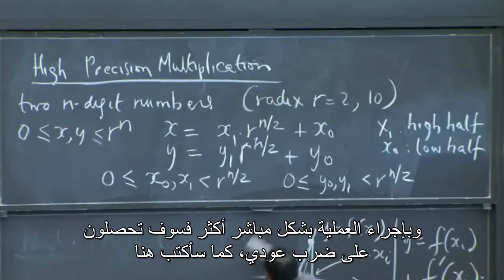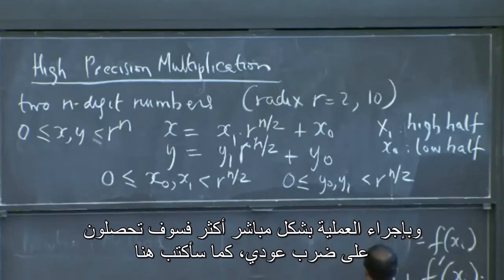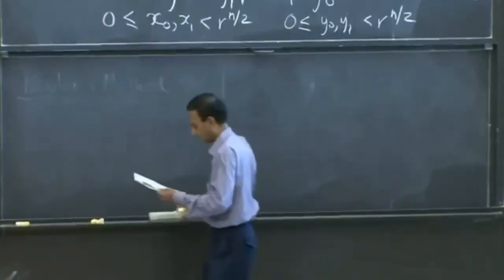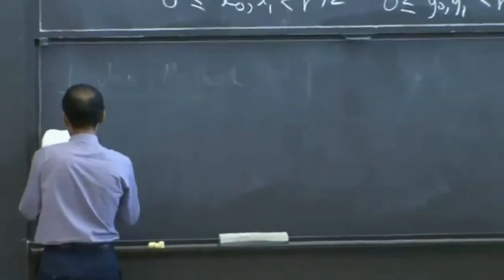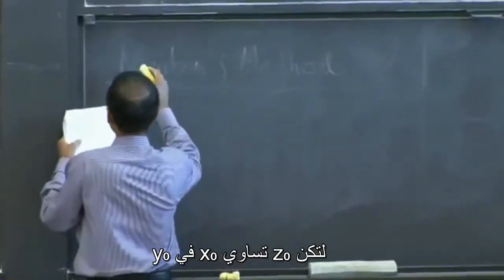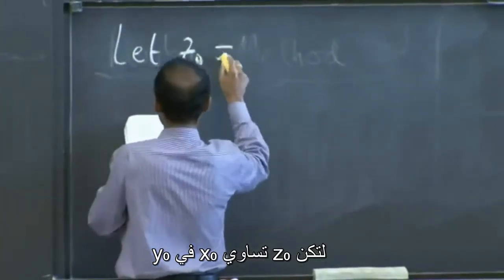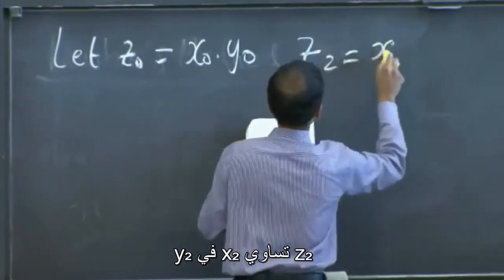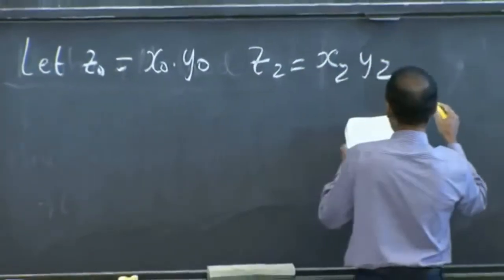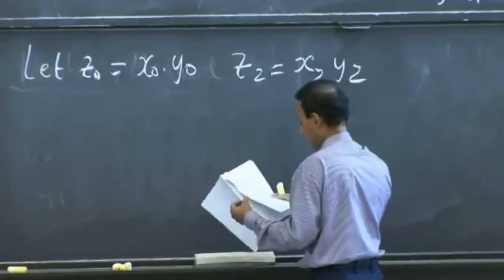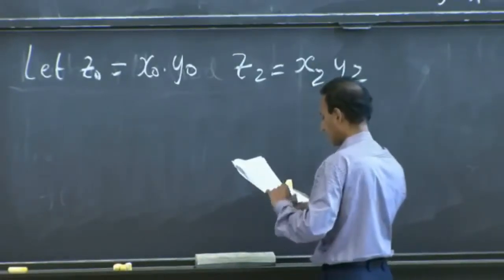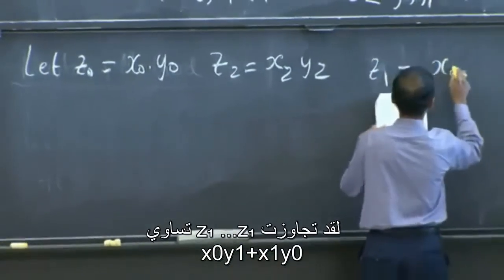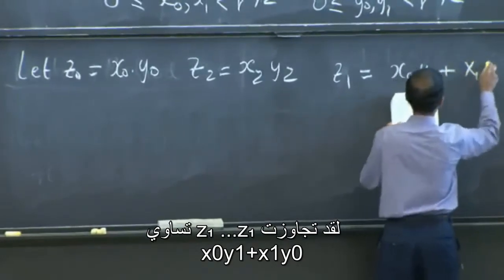If you do things in a straightforward way, you will create a recursive multiply, as I'll write here. Let Z0 equal X0 times Y0. Z2 equals X1 times Y1. I missed Z1, but Z1 equals X0 Y1 plus X1 Y0.